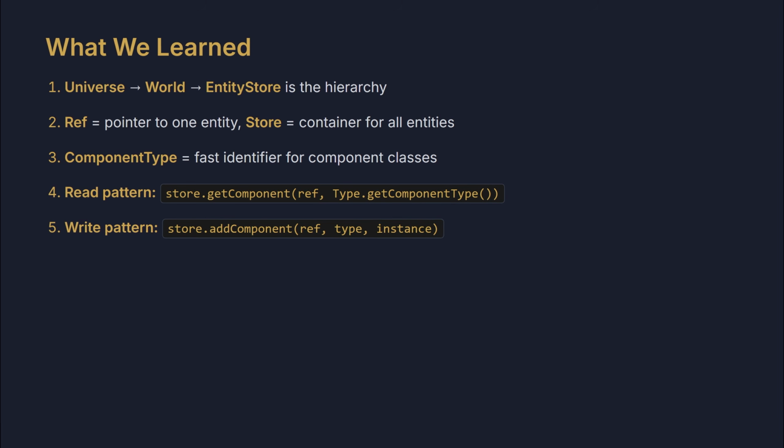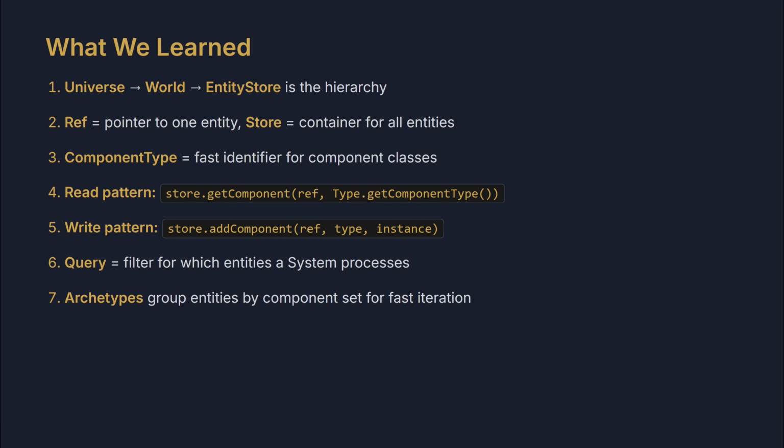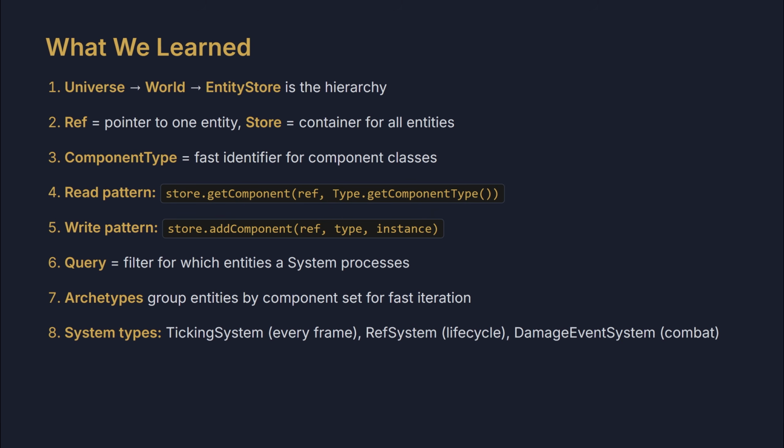We have the write pattern with store add component. We have queries, which filter for which entities a system processes, and we have archetypes, which group entities by component set for fast iteration. We have system types like ticking system, ref system, damage event system, and we have interactions that are not ECS. They handle action timing and trigger ECS changes.